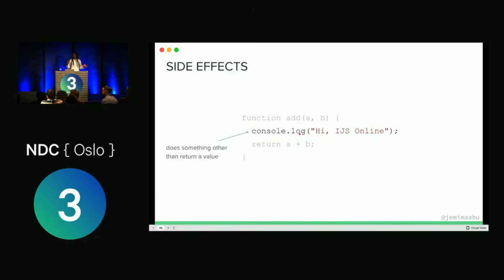A console.log is a side effect because it's doing something other than returning a value. With your functions, you only want to return values. You don't want to carry out any other feature that your function is not intended to do, because that's how you end up having spaghetti code and things changing things they're not meant to be changing.